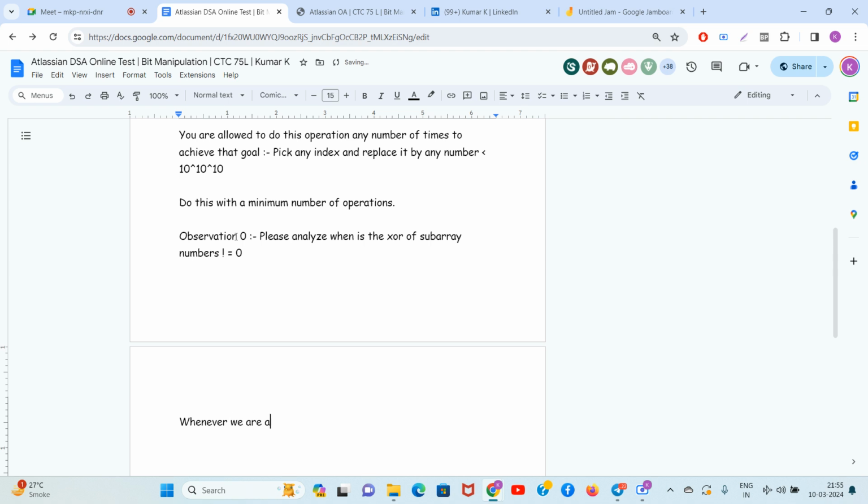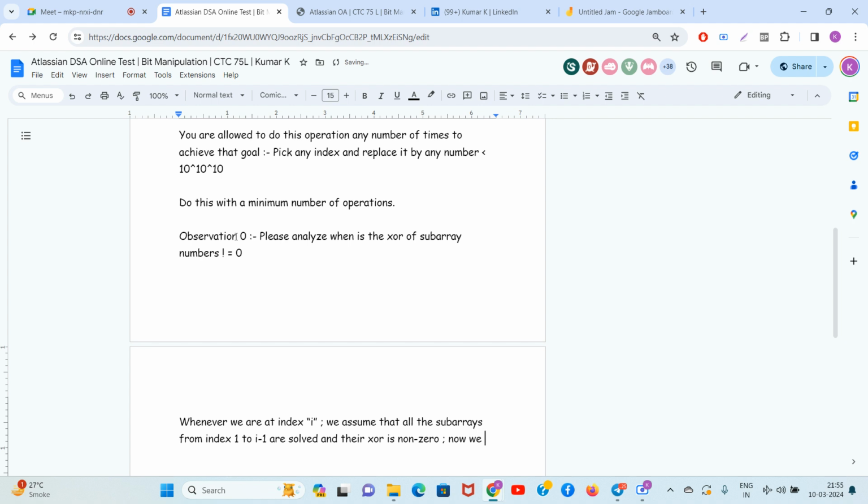Whenever we are at index I, we assume that all the subarrays from index 1 to I minus 1 are solved, and their XOR is non-zero.